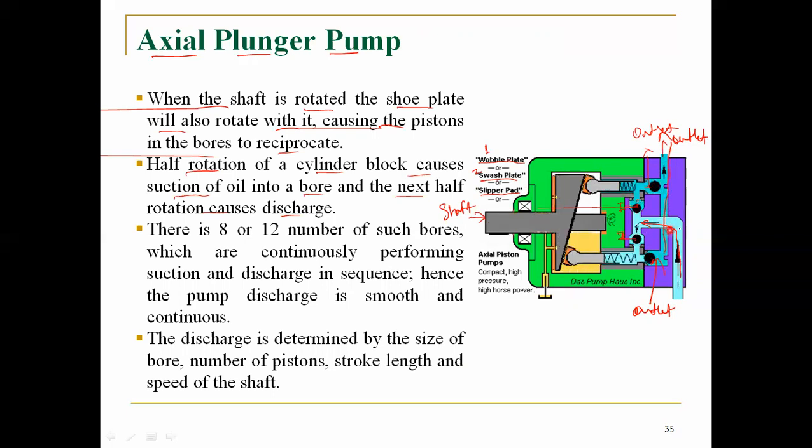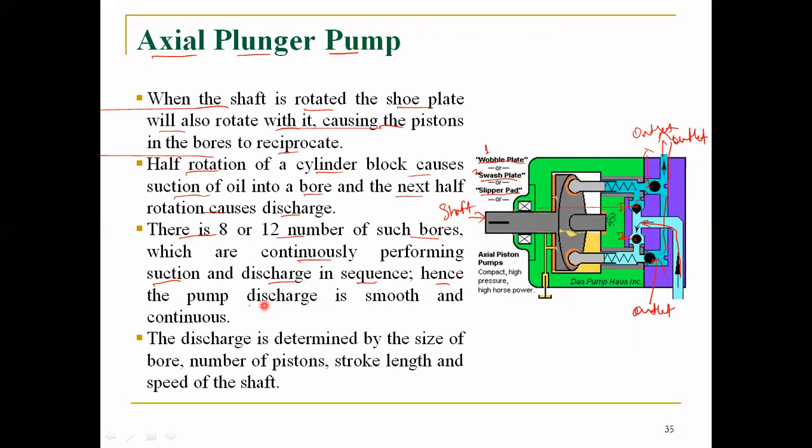This suction and delivery is happening because of the rotation of this shaft. In the first half rotation suction takes place, then in the second half rotation delivery will happen. There are 8 or 12 such bores which continuously perform suction and discharge in sequence.